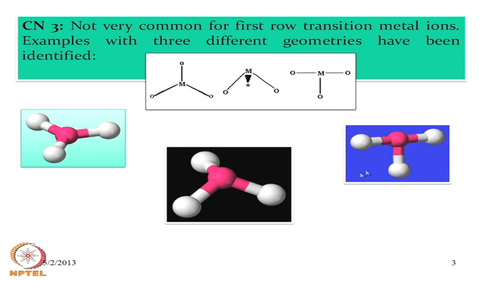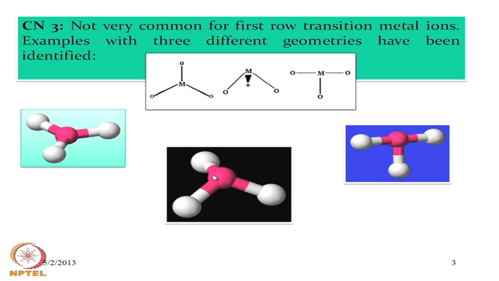And the third variety, which is pretty important to know, is the T-shaped geometry, where two atoms are 180 degrees apart, giving an angle of 180 degrees from one side to the other, but the third one is in between, at 90 degrees to each. In a planar geometry, we get an angle of 120 degrees around the metal center.